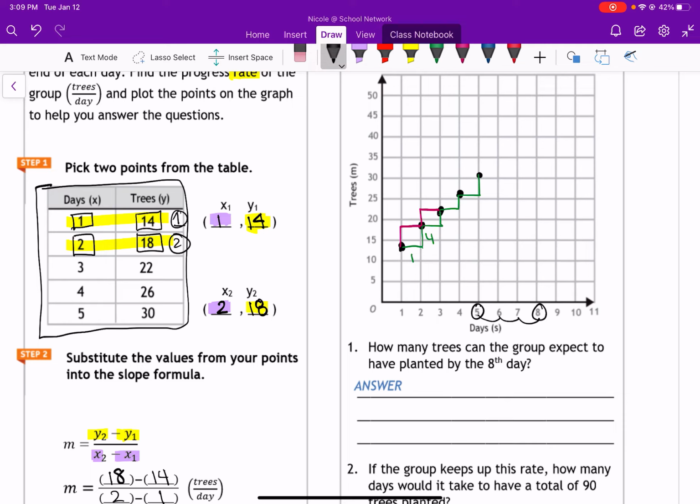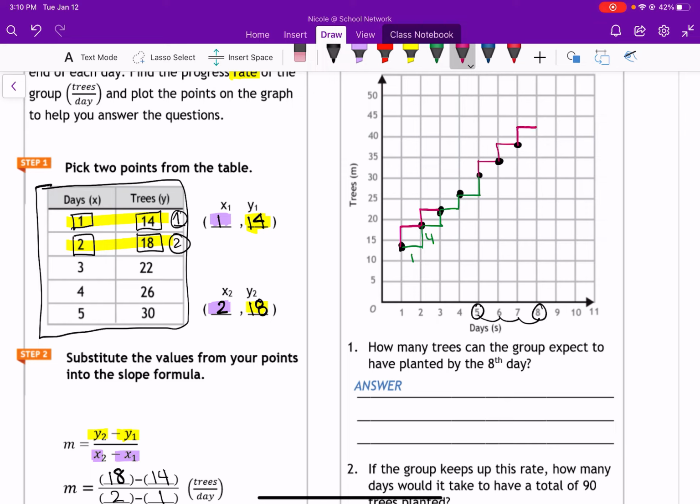So if we just keep going in this order, I'll use the pink. So we have up 4, so 34 over 1. So this one's going to be (6, 34). And we go up 4 over 1, so 38. This would be (7, 38). And then up 4 over 1.